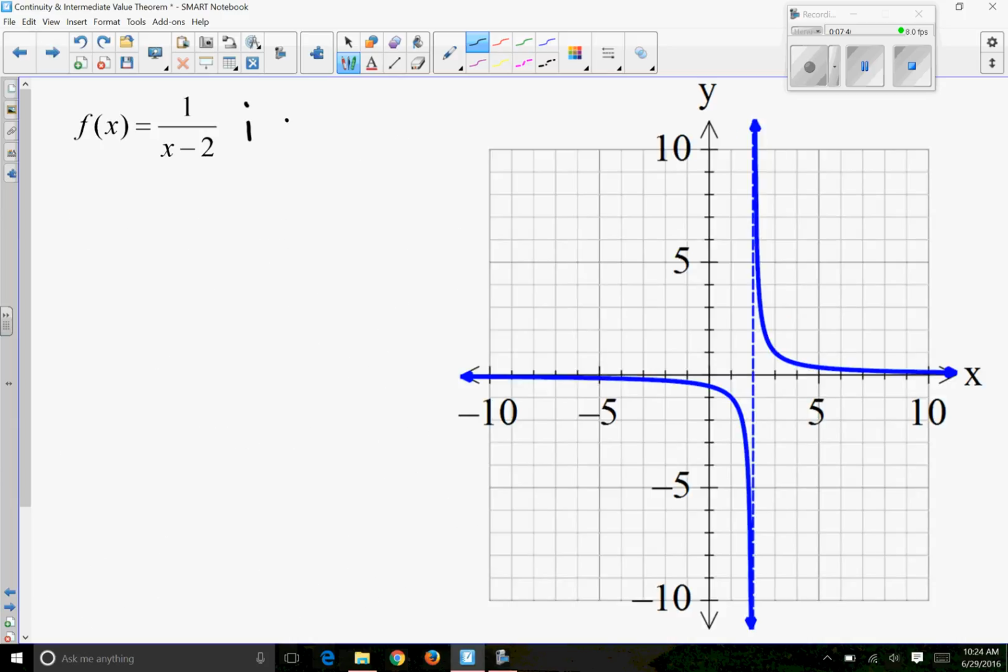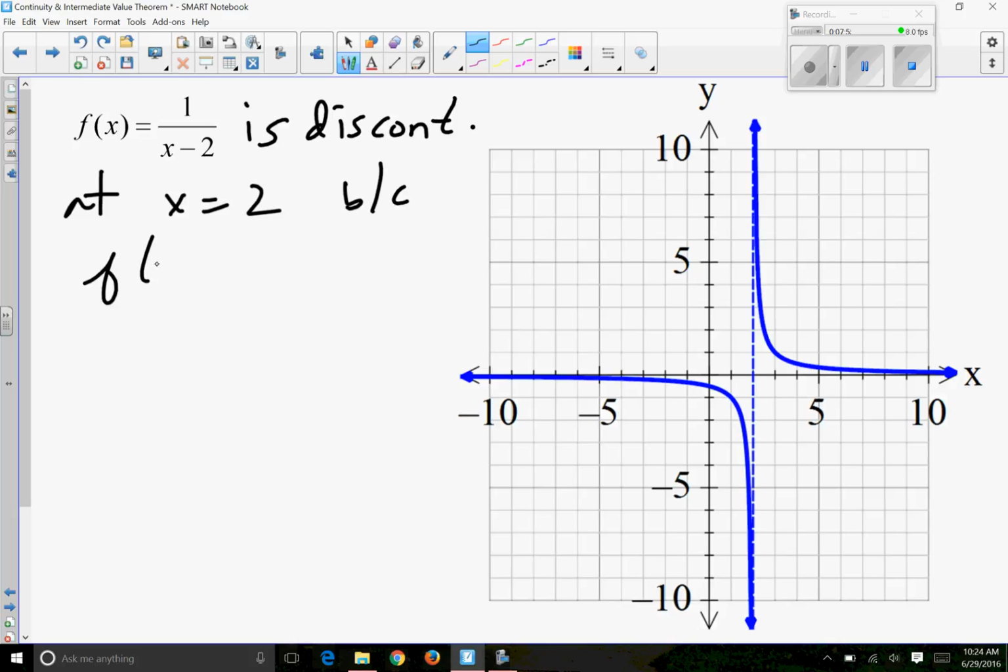This function is discontinuous at x equals 2 because f of 2 does not exist.